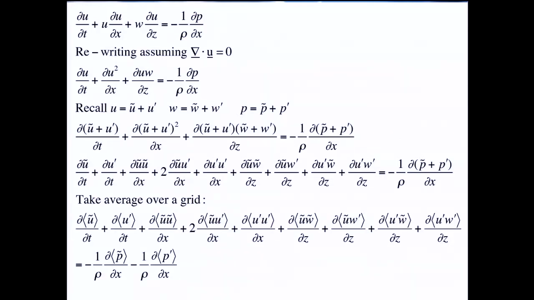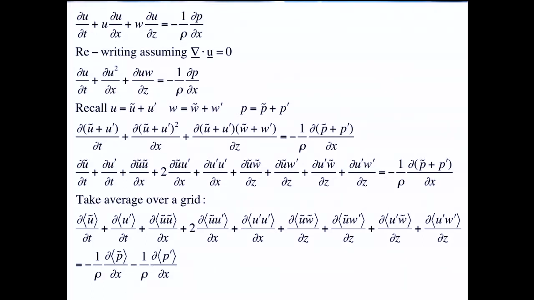Now, if we separate everything into a resolved part and an unresolved part for zonal velocity, vertical velocity, and pressure, and substitute all of those into this equation, we get this relationship. We haven't done anything smart here, we've just substituted this into that equation. And then we multiply each of these terms out, and you get this super long equation.